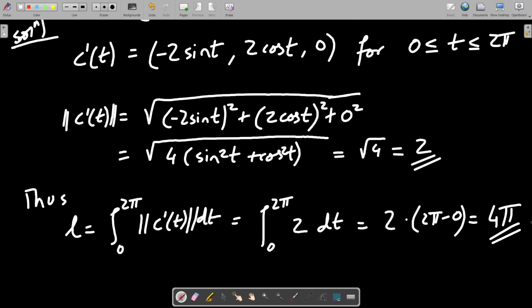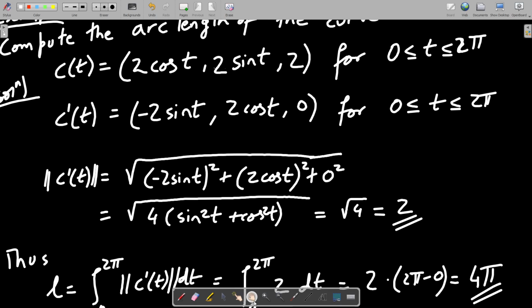Correct? By the way, what does this curve represent which we have drawn? What does C of t represent geometrically? X coordinate is 2 cos t, y coordinate is 2 sin t, and this one is just a constant 2. So this constant 2 basically means that whatever curve you are drawing is on the constant z equal to 2 plane.